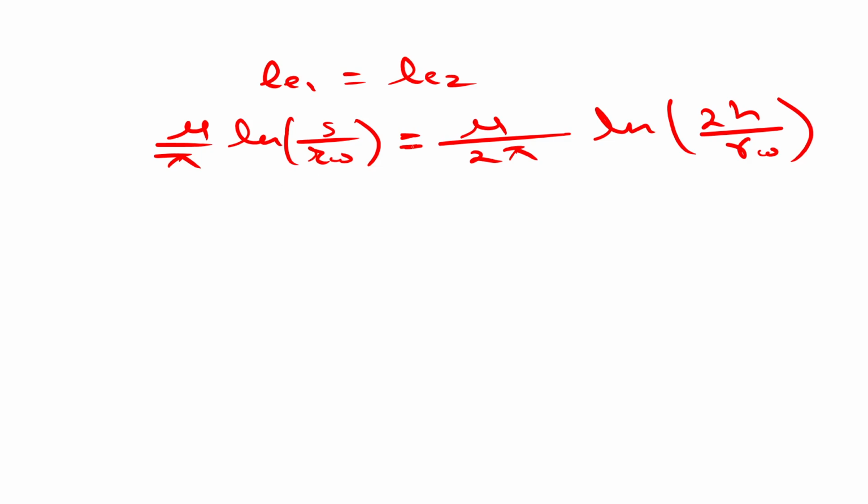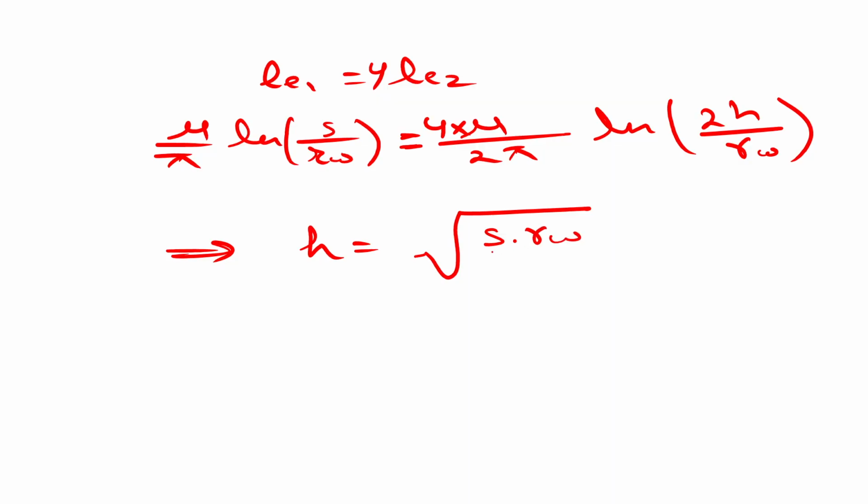When you solve this, since it is 4 times, we have to multiply by 4 here, and then mu by pi and mu by pi get cancelled out. It is 2 here. When we solve it, h comes out to be under root S into Rw by 2.